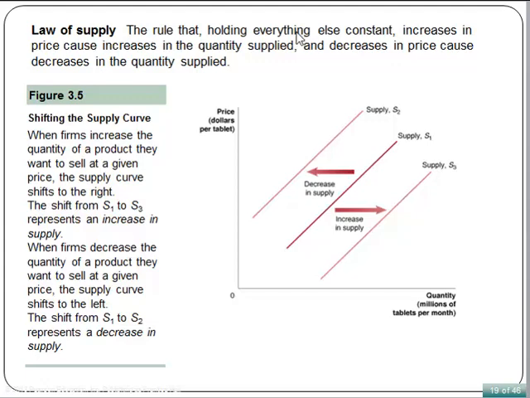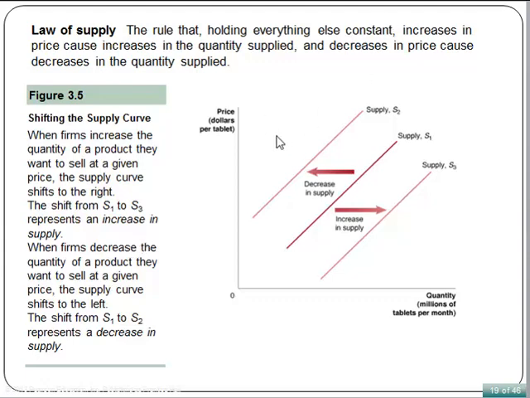When we're talking about the law of supply, we're talking about the movement along the supply curve. The price changes, and the quantity supplied changes along the supply curve. But shifts of the supply curve are caused by other things, other variables.